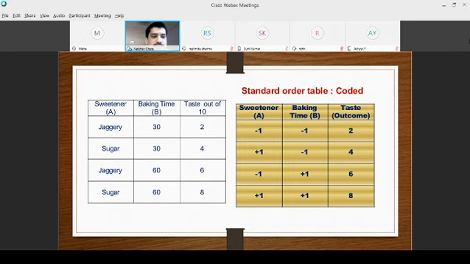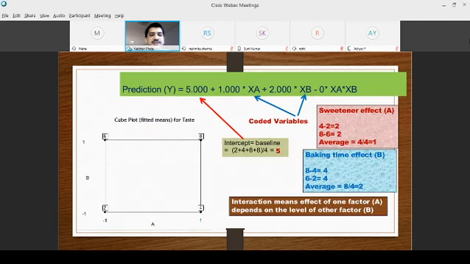For the third row, for the same sweetener, baking time is being increased. We have got an increase in the taste by how much value? By 4. Similarly, sugar, for 30 minutes baking time, it was giving a taste value of 4, and suddenly for the same quantity of sugar, but with increase in the baking time, it has increased the taste value. That means the taste has substantially increased with respect to baking time.